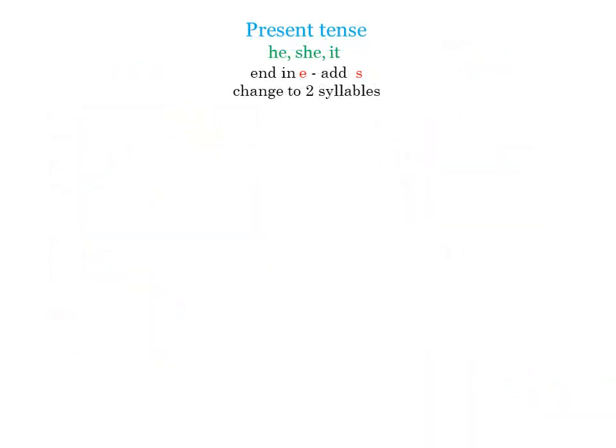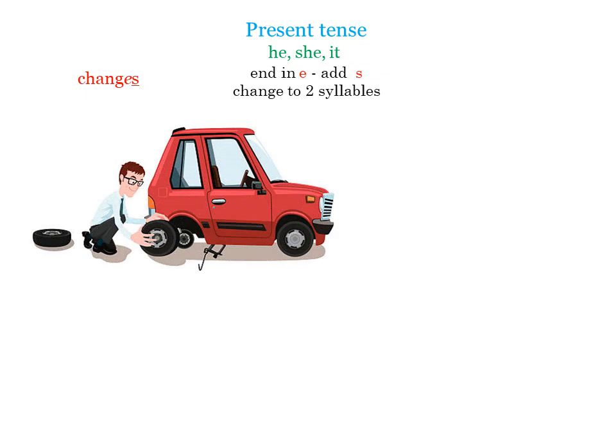These verbs end in E, so when you add an S, they change to two syllables. For example, change, you add an S, and you have changes. When Joe has a flat tire, what does he do?